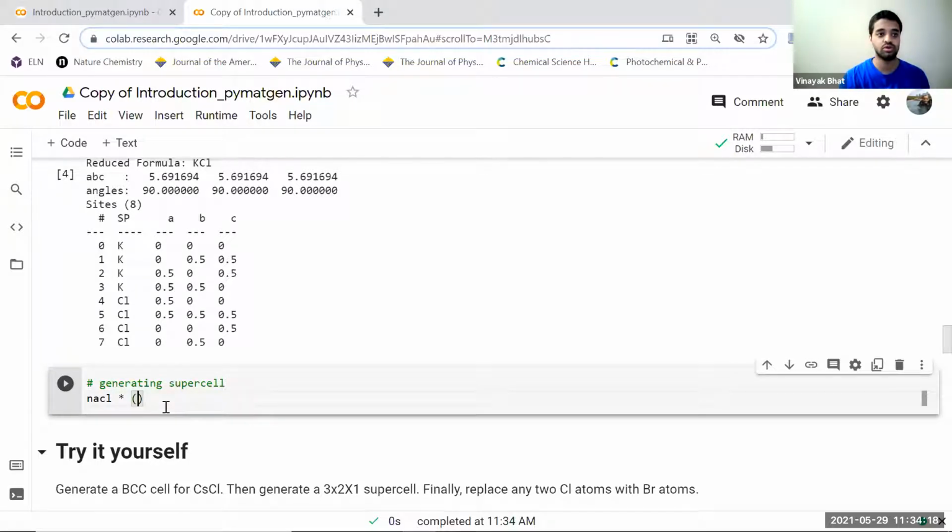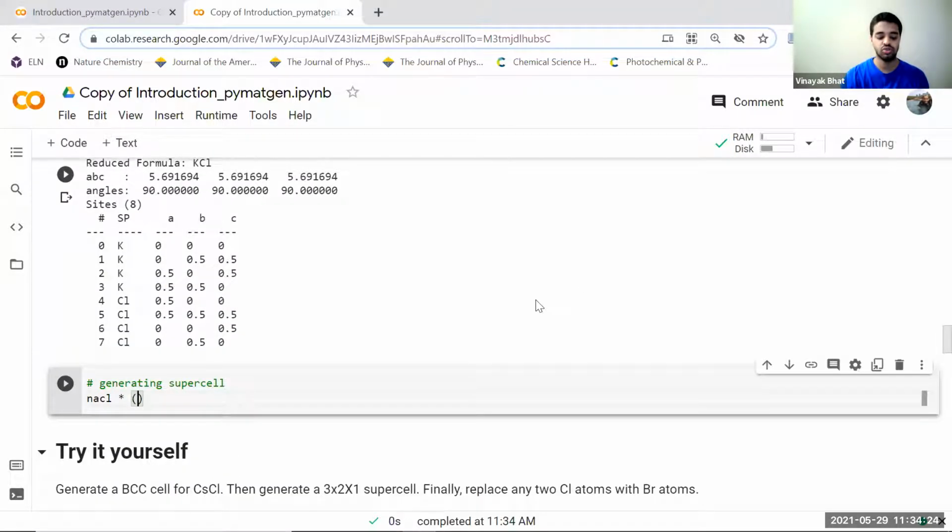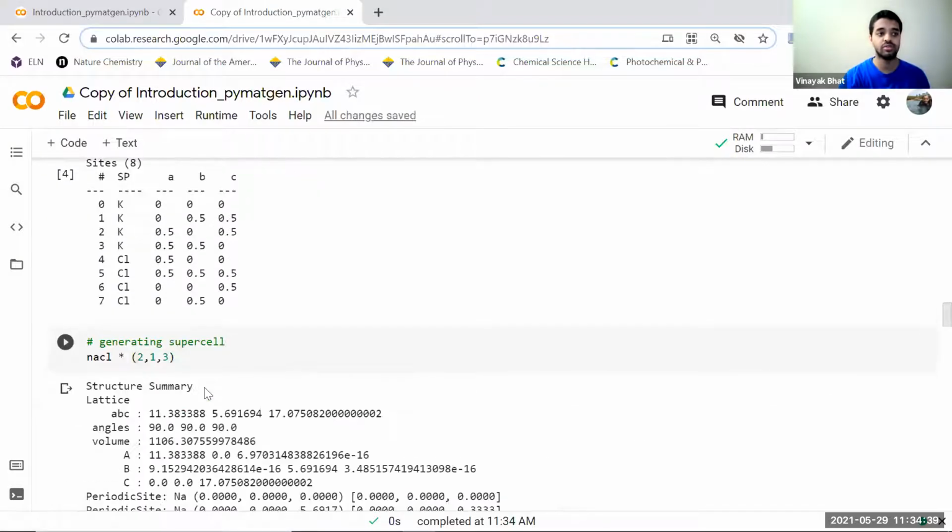So if I want a 2 × 1 × 3 supercell, that means 2 along the x-axis, 1 along the y-axis, and 3 along the z-axis. So we are repeating the cell in each of those directions. We'll say this, and it'll give us a bigger cell now.